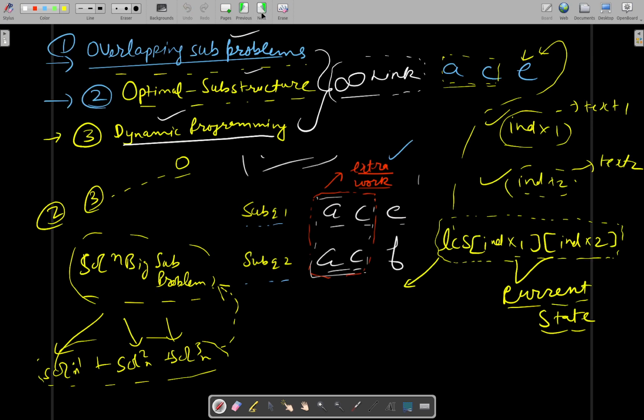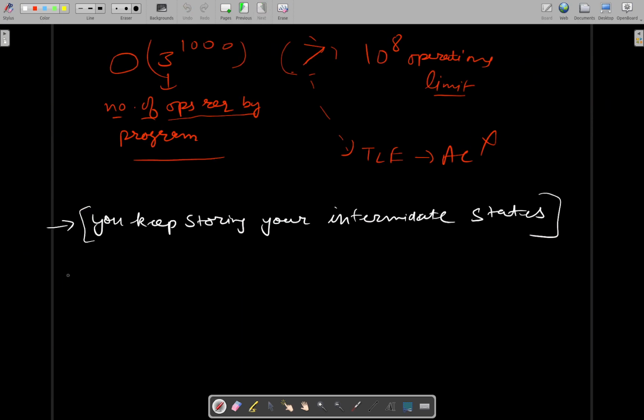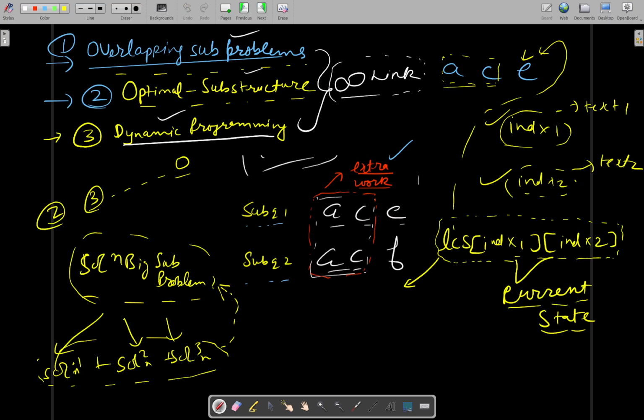And what other than avoiding extra work will it lead us to? Other than avoiding extra work, you will be building your solution of the bigger subproblem with the help of smaller subproblems.